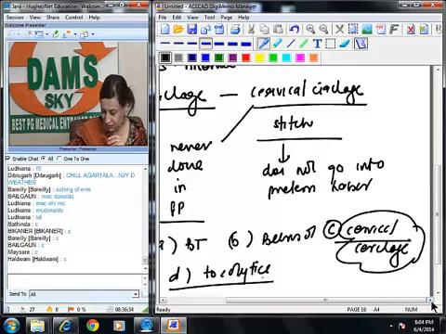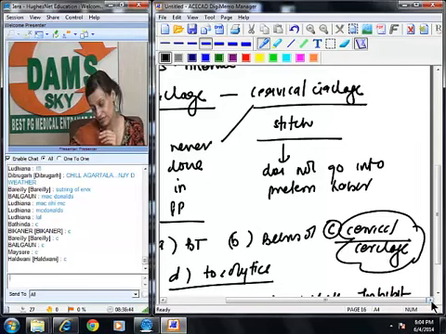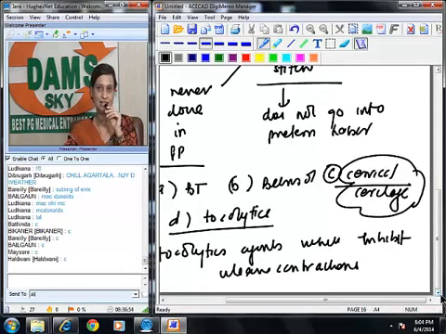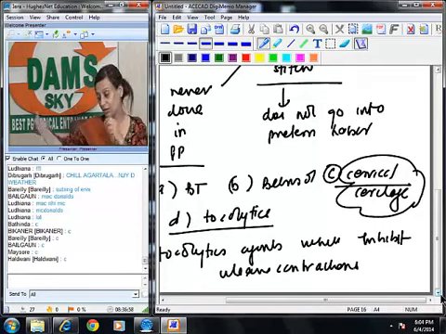What about component D? I did not tell you anything about it right now. So, tocolytics are agents which inhibit uterine contractions, and they can be given to patients with placenta previa. In what condition do we give tocolytics in conservative management?